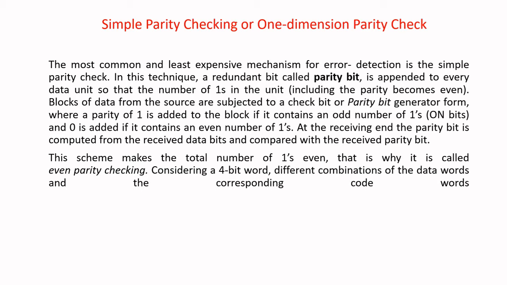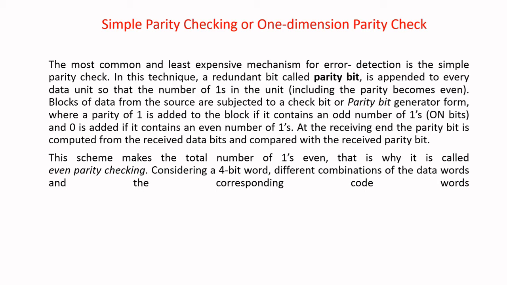Blocks of data from the source are subjected to a check bit or parity bit generator. A parity of 1 is added to the block if it contains an odd number of ones, so that the total number of ones will be even.